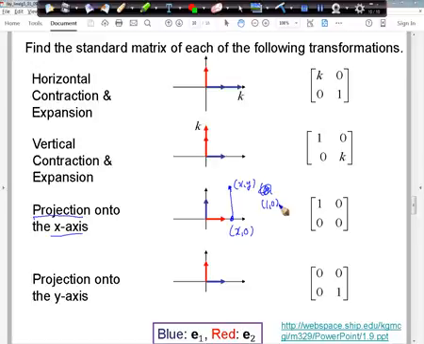Still the same trick applies. (1, 0) becomes (1, 0) because this guy is (1, 0). They don't move at all, and (0, 1) will become (0, 0). So in this case, we have a point here, and it is projected onto (0, 0), which is the origin. And (1, 0) is written in the column form, right?